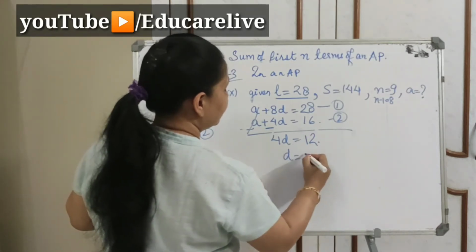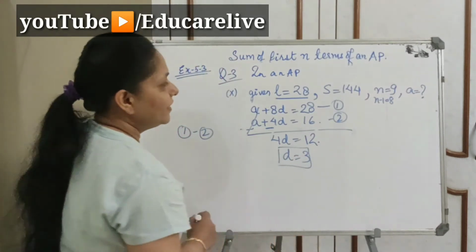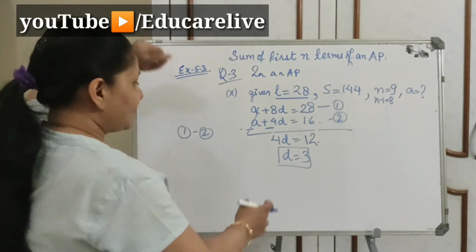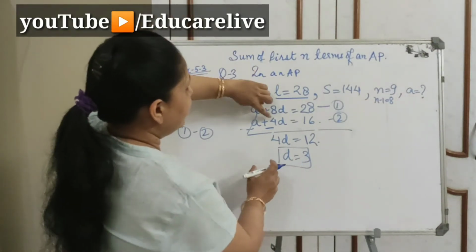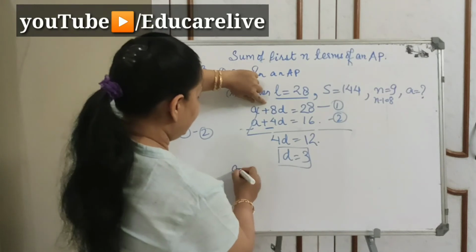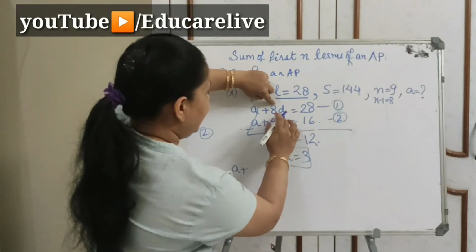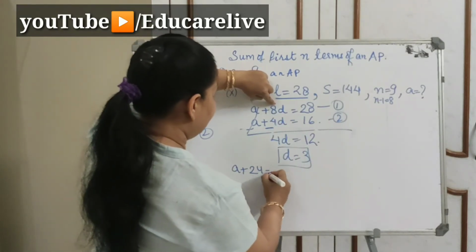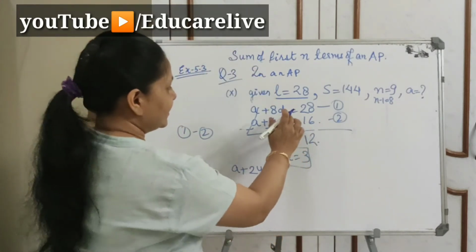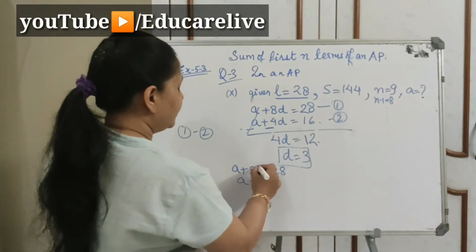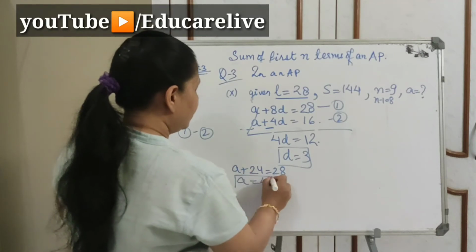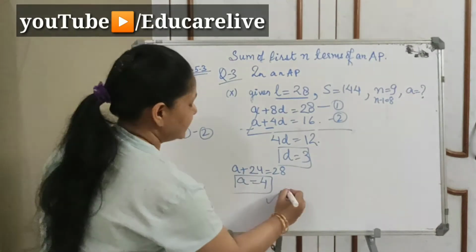So D is equal to 3. Once you know D, you can easily find A. Put the value of D in any of these equations. I am putting D is 3 in the first equation: 8 into 3 is 24, so A plus 24 is equal to 28. So I get A is equal to 4. And this is the answer.